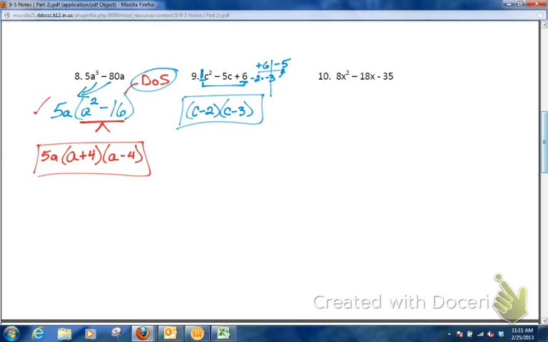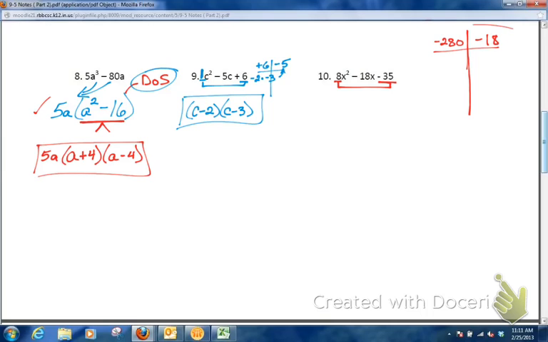I'm going to have to take 8 times negative 35, which gives me negative 280. So kind of a big number here. It's alright. We'll get through it. And we need to find two numbers that make negative 18.